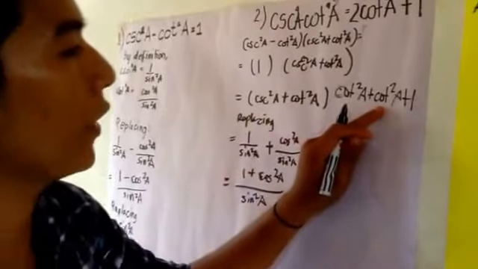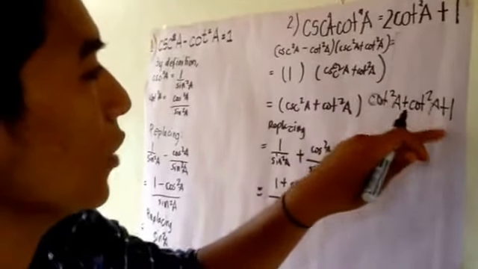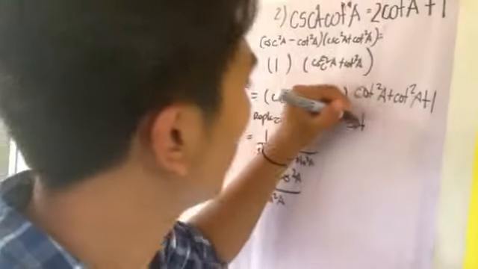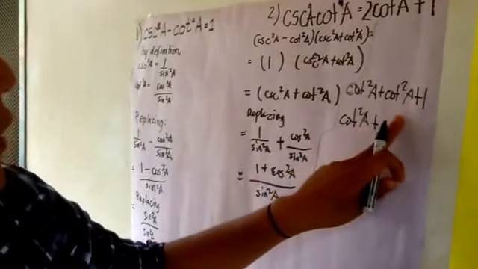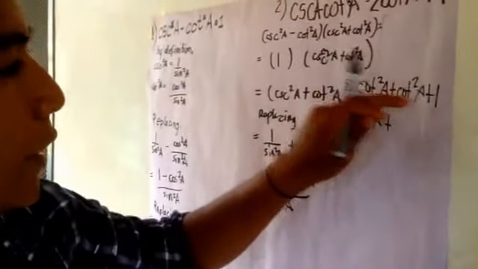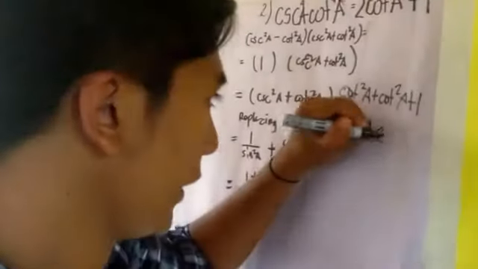And we all know that cot squared A plus 1 is equal to csc squared A.